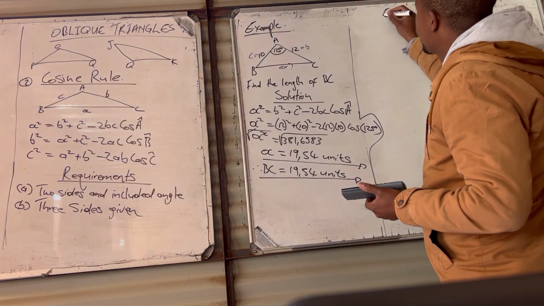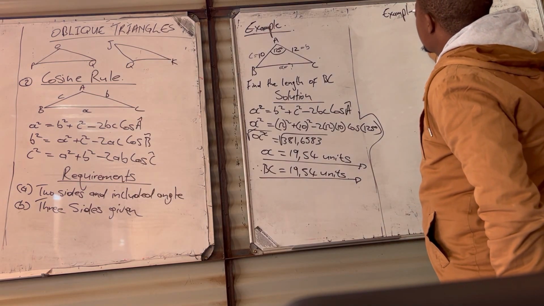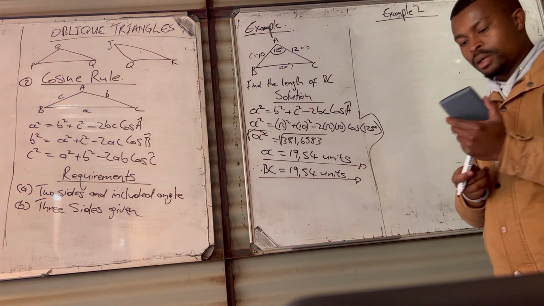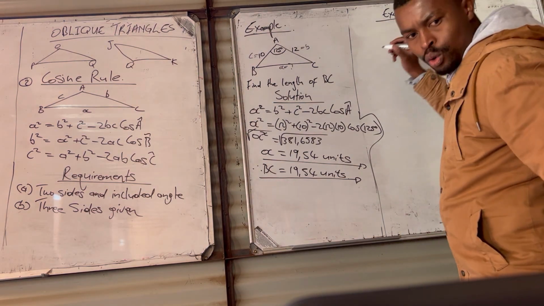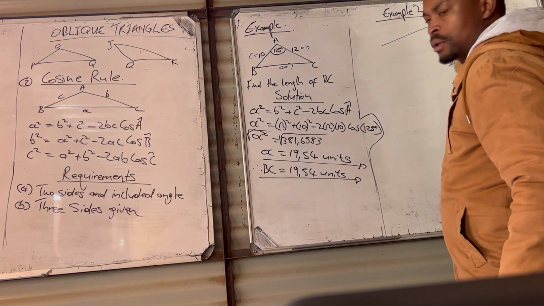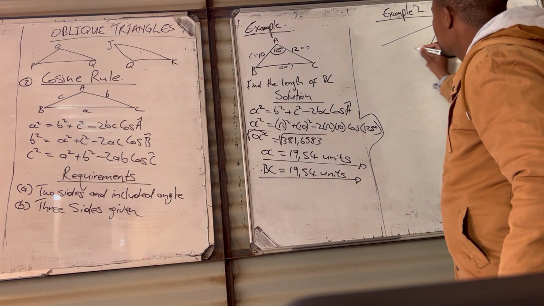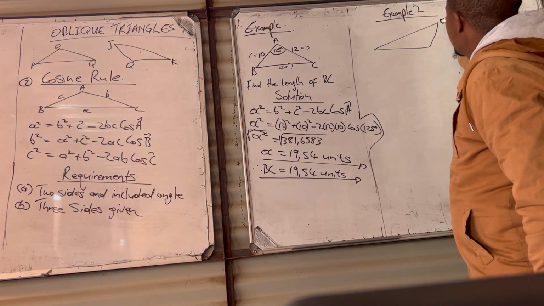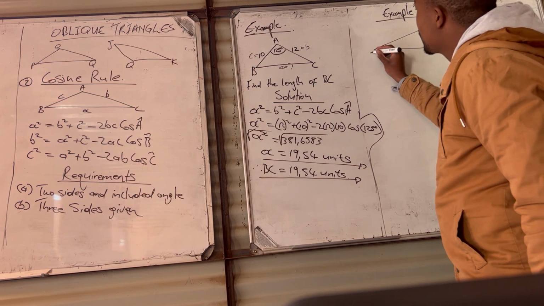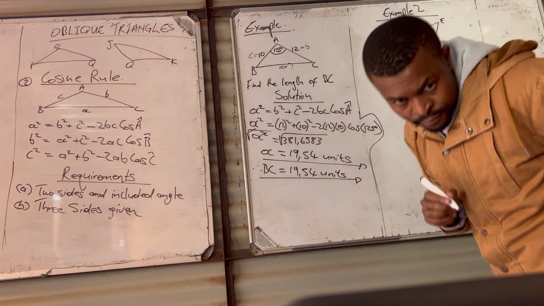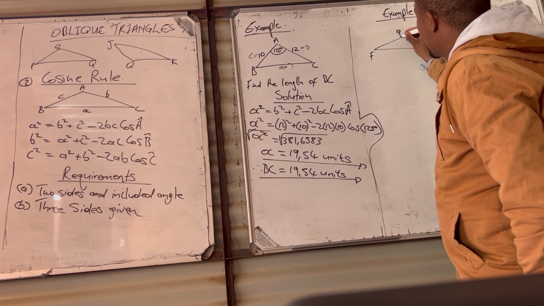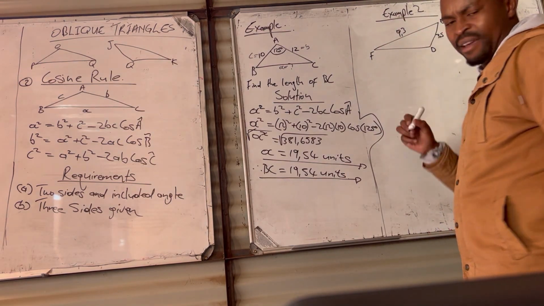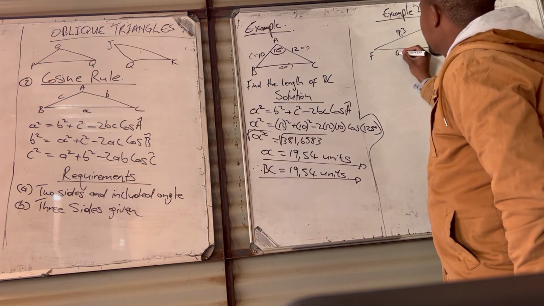Here is example 2 on the cosine rule. We have triangle EDF with sides 9,3, 3,5 and 6,9.